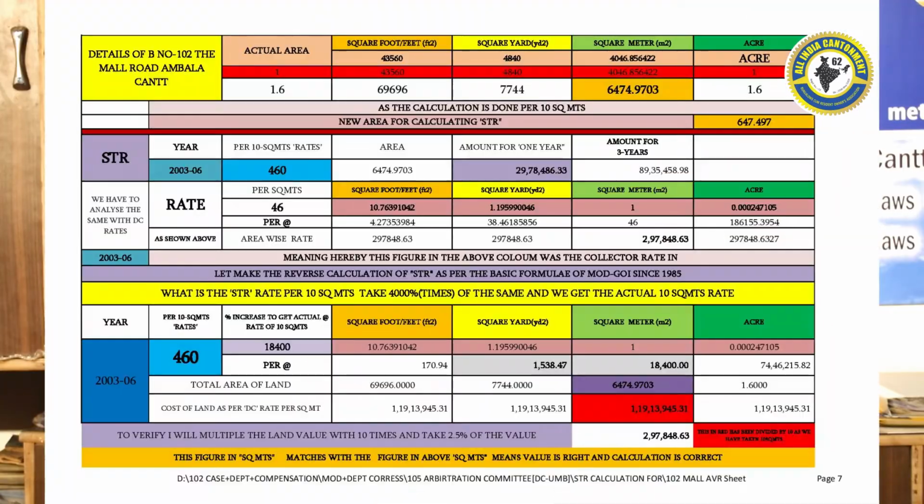Now the STR in 2003-06 goes to 460. Another jump. So my rental turns out to be 2,97,848 per annum. My 3 yearly becomes 8,93,000 I have to pay approximately to the government if I am on a rent with them.